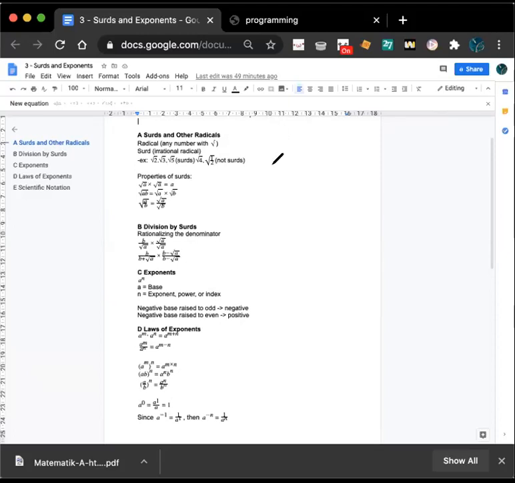Okay, so I don't really know if I should explain the law of exponents because they're generally self-explanatory, like a to the power of m times a to the power of n equals a to the power of m plus n. It's like saying a to the power of 2 times a to the power of 3 equals a to the power of 2 plus 3.